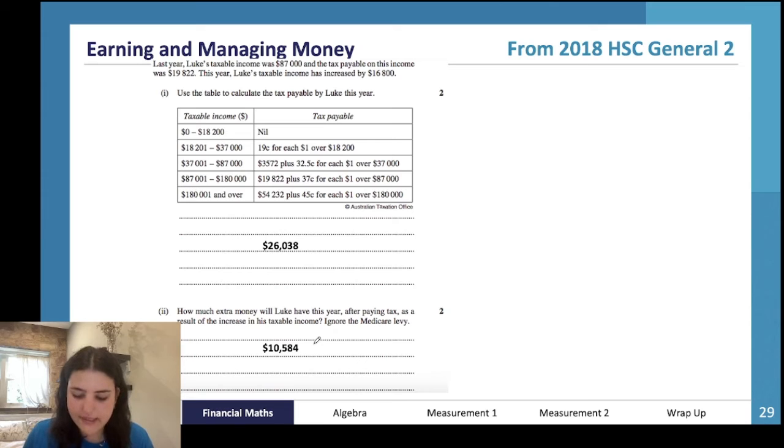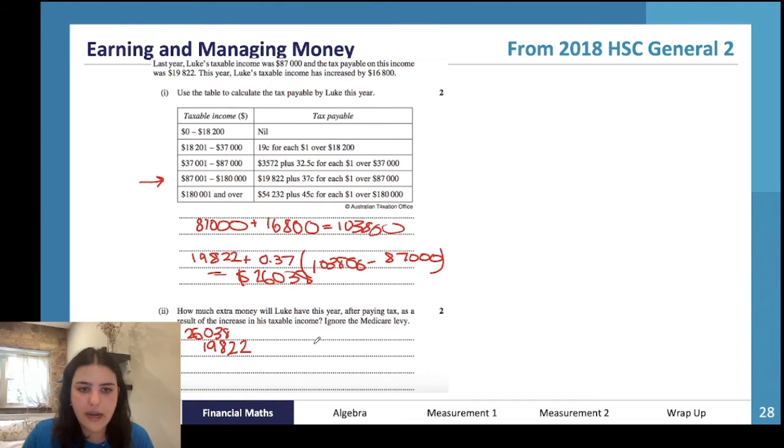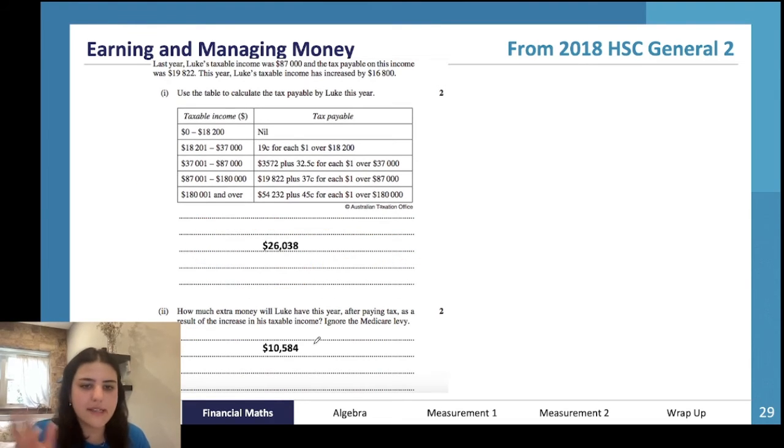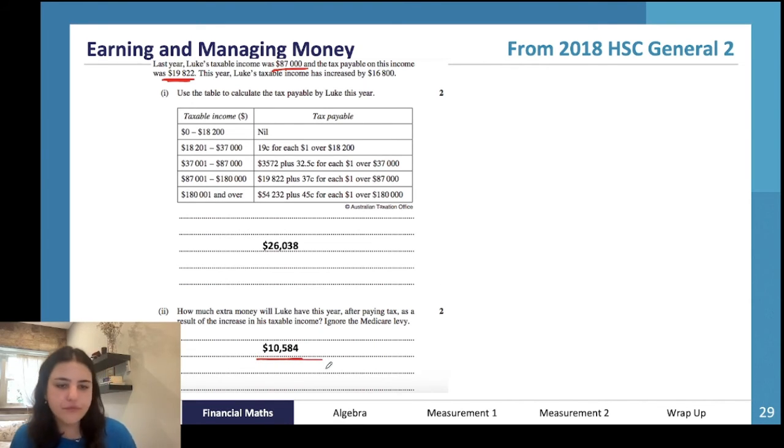That gives us $77,762. And we actually have an extra, what was the amount that we just worked out? Like 6,000 and something. We compare that to the 87,000 minus 19,822 from last year. We end up with a difference of 10,584. So that's how you'd work the second part out.